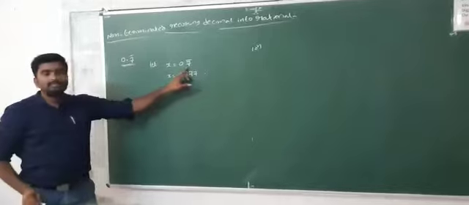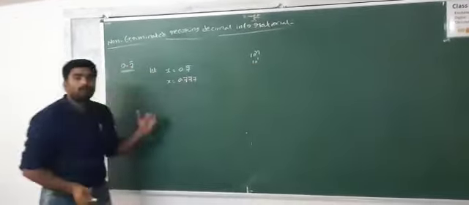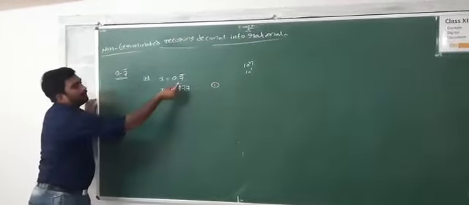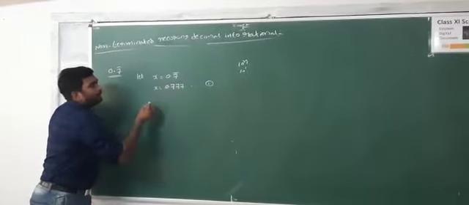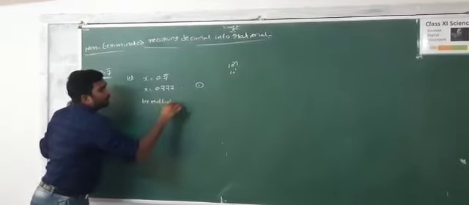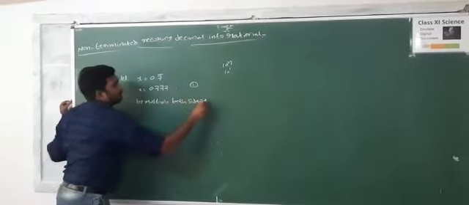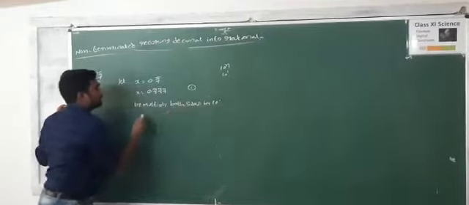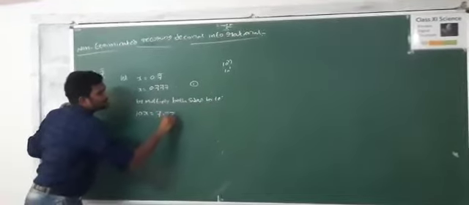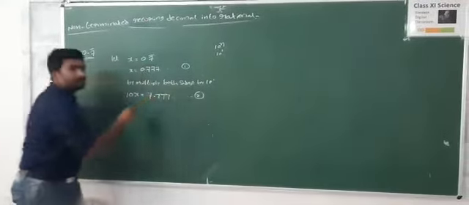Here one digit is repeating, so multiplying both sides by 10, 10x is equal to 7.777 and so on. Call this equation number 2.